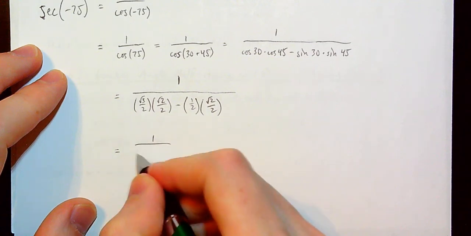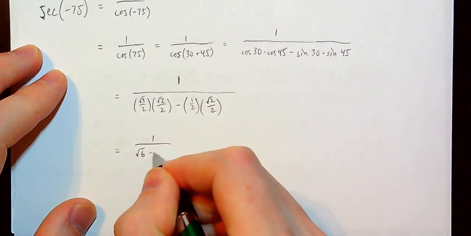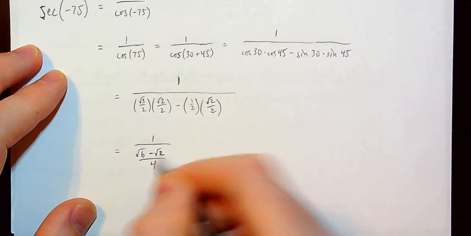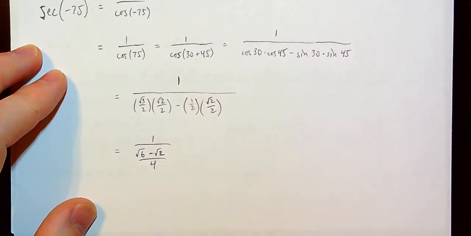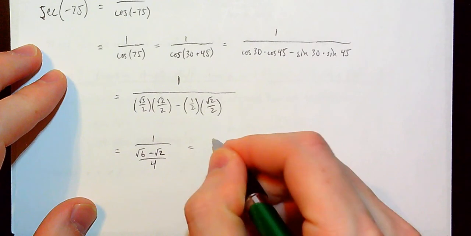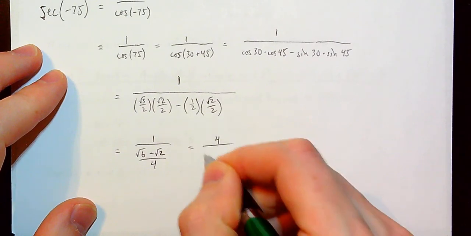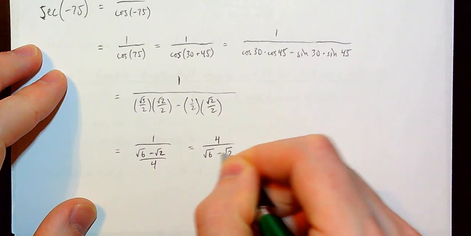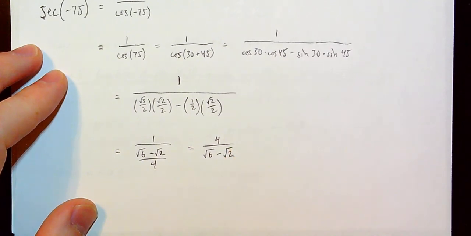This gives me 1 over radical 6 minus radical 2, all divided by 4. And dividing by a fraction is the same thing as multiplying by its reciprocal. So that's going to equal 4 over radical 6 minus radical 2.